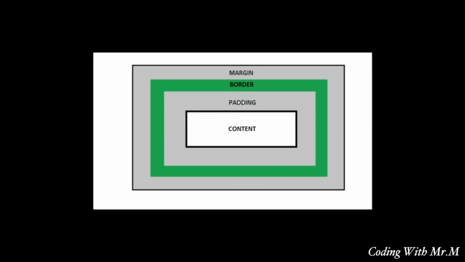As you see here, we have the green border area here, and this border area is the area between margin, as you see here, margin and padding. Okay, so margin area consists of space between border and margin.